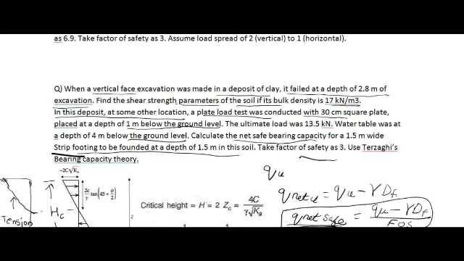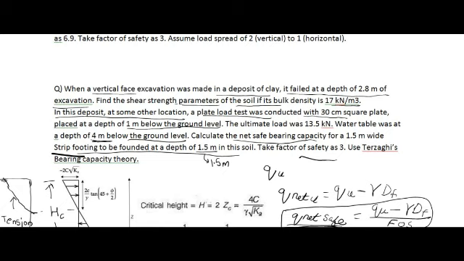At some location a plate load test was conducted with a 30 centimeter square plate at a depth of 1 meter below the ground level. The ultimate load was 13.5 kN. The water table was at a depth of 4 meter below the ground level. Now we have to calculate the safe bearing capacity for a 1.5 meter strip at a depth of 1.5 meter. So the depth of foundation is given here as 1.5 meters, and the water level is at a depth of 4 meter.